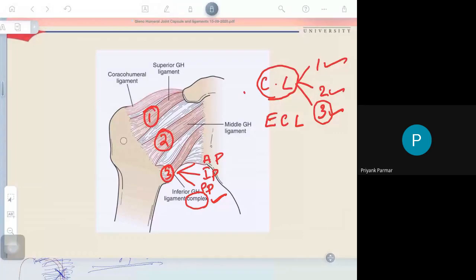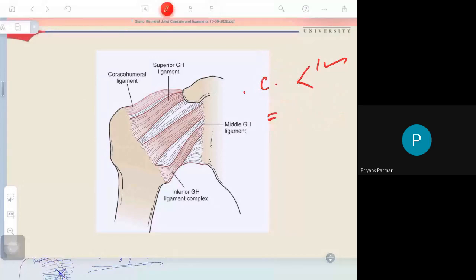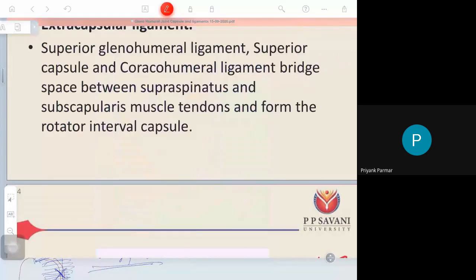Again, I'll explain. So this third part is divided into one, here you can see two, and on the posterior side you will see three. So the inferior glenohumeral ligament comprises three ligaments. That is the reason why it is called a complex. Clear?